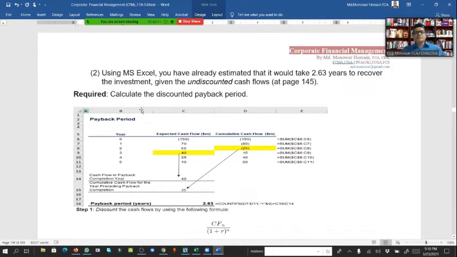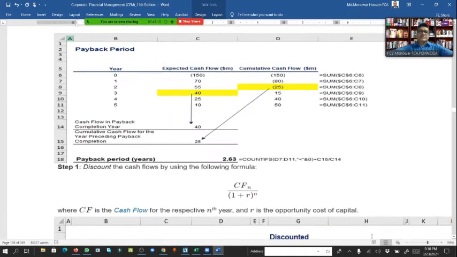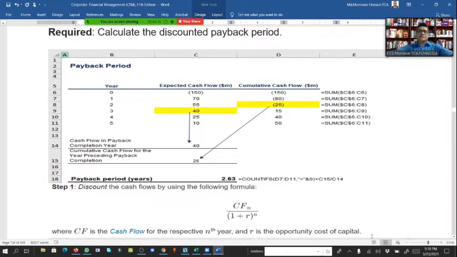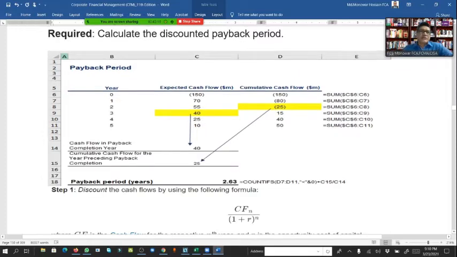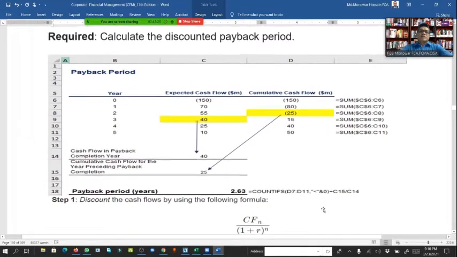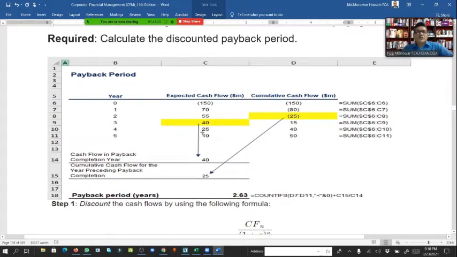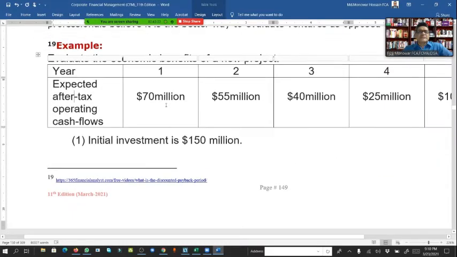If we use Excel, we come to this as on the page. Just put in the year and expected cash flow, and the cumulative cash flow is here. Looking at the cumulative cash flow, the investment is 150 million.